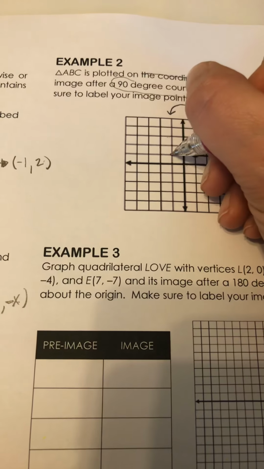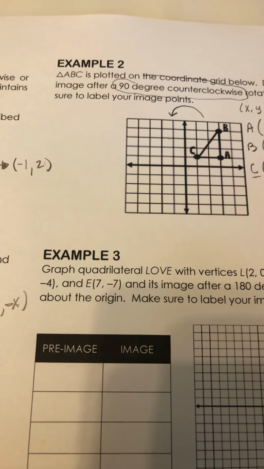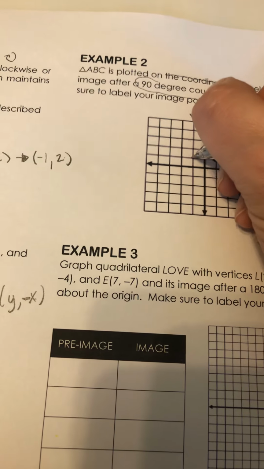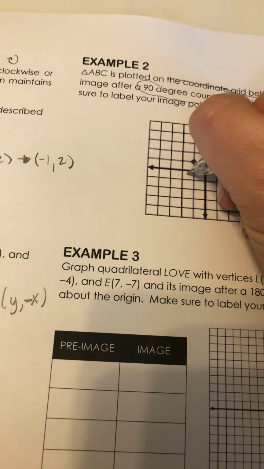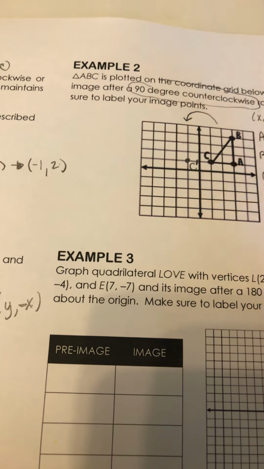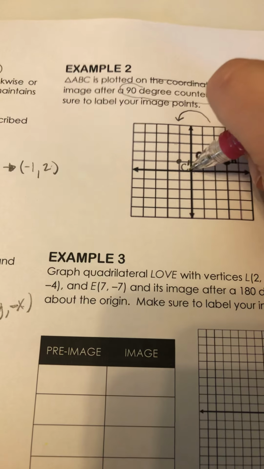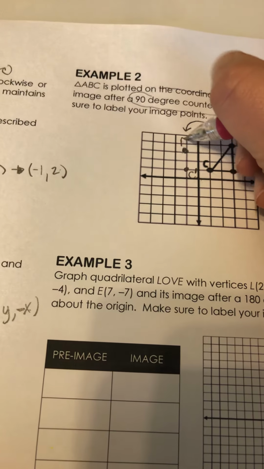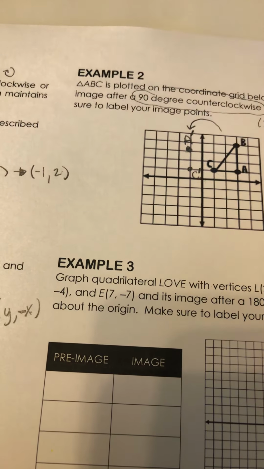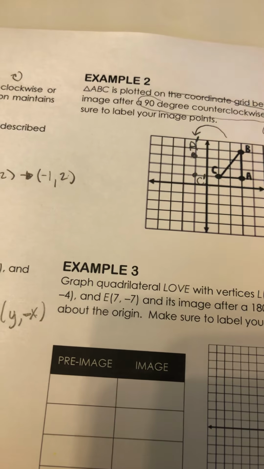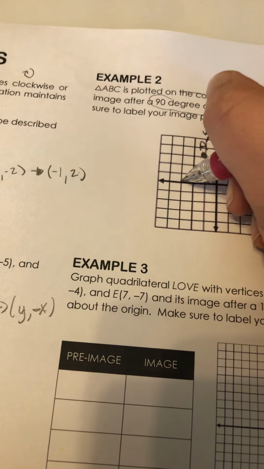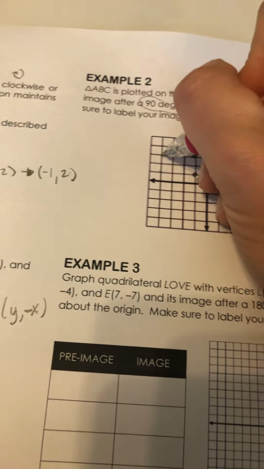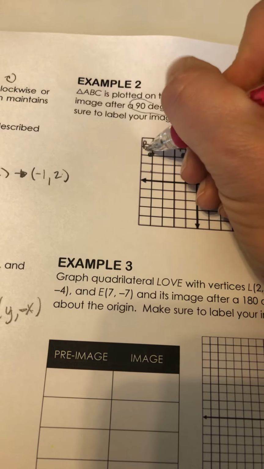So negative 1, 1 was C, so C prime. Negative 1, 3, so negative 1, 1, 2, 3. This is A. And negative 4, 3 is where we have B prime.